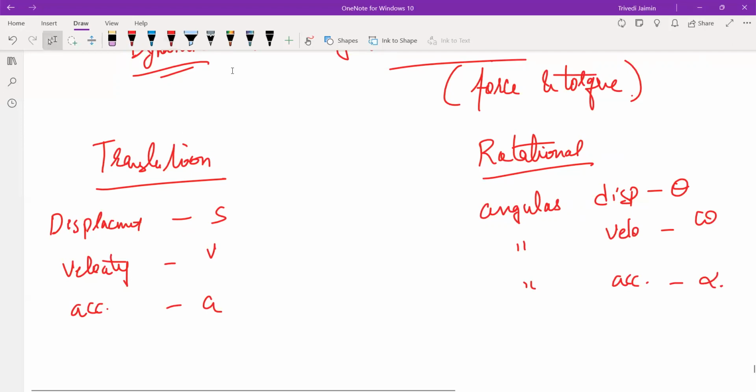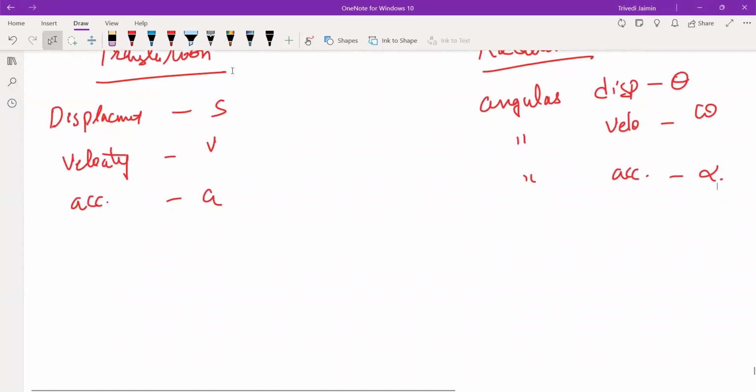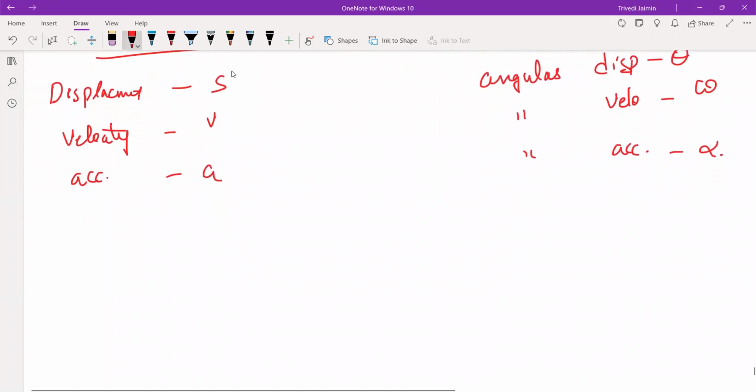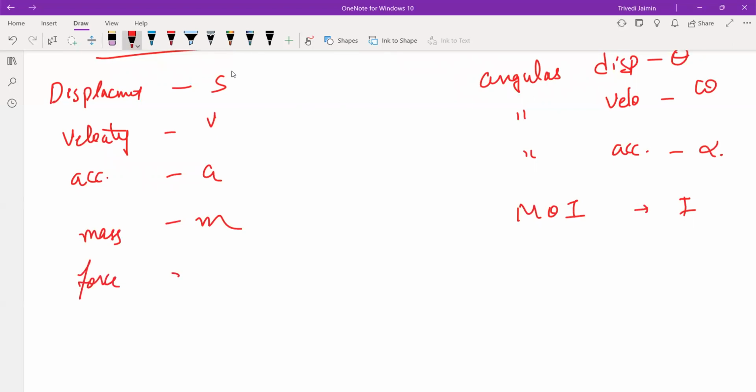I'm just summing up all the formulas so that you won't get confused. Mass m; here moment of inertia, denoted by I. Force F equals ma; here torque equals r into F, which is I alpha.